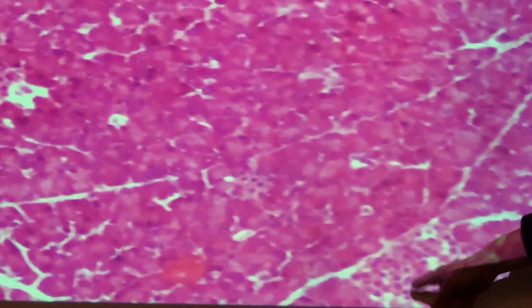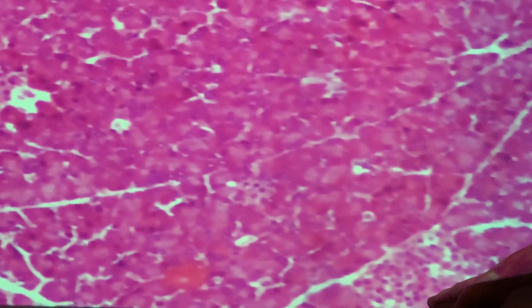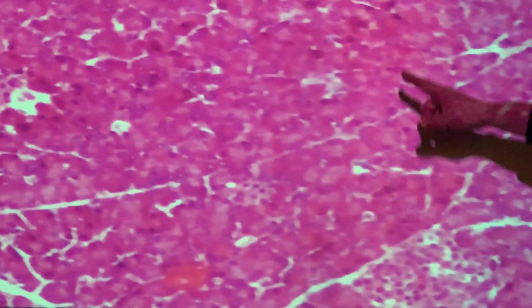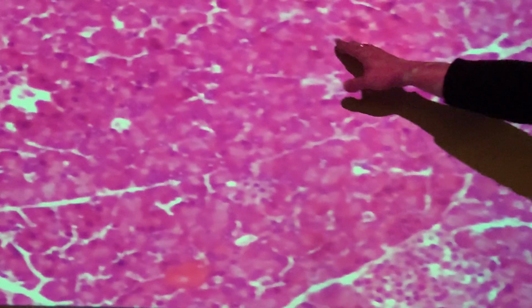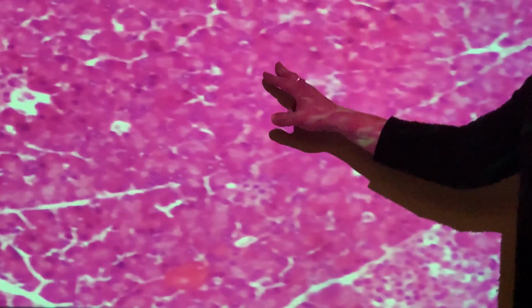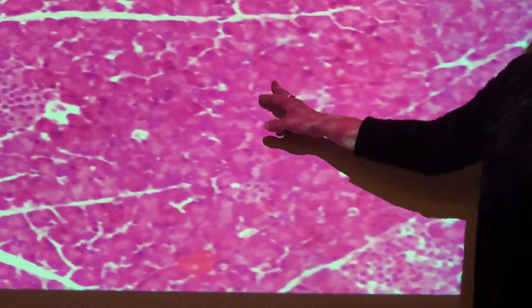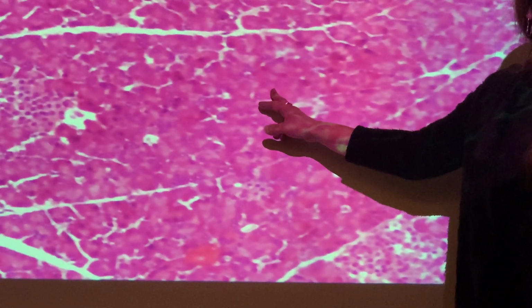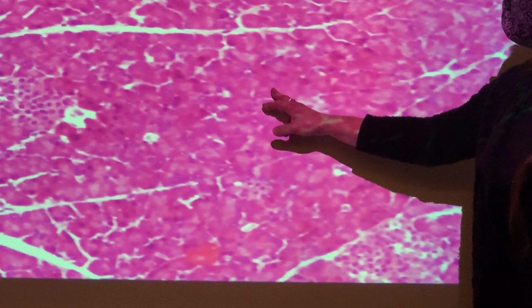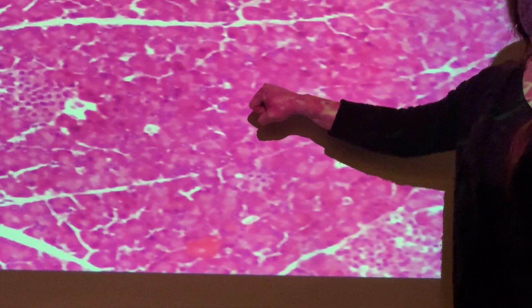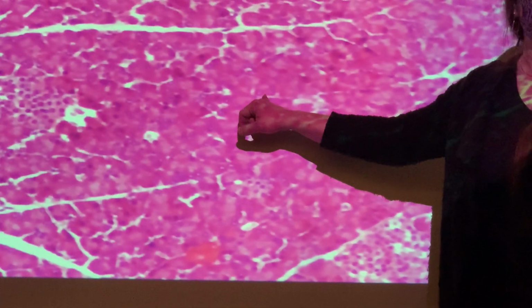And then if I say what hormones are made here, you would choose insulin and glucagon, versus if I point to any of these other cells out here. These are acinar cells. They're also called acini cells, so A-C-I-N-I. It's on your lab thing. And these guys make digestive enzymes, not hormones.